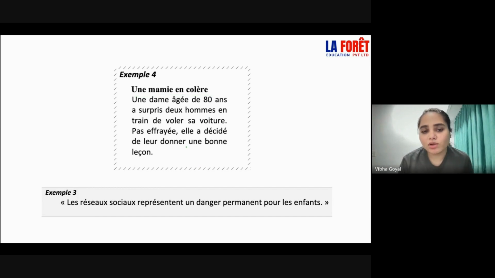So you have to continue writing and make sure that the end is really an end, so that it feels like the article has concluded. And for part 2, we have this: les réseaux sociaux représentent un danger permanent pour les enfants. So it could be agreeing with this statement or disagreeing with this statement, or pro and against for réseaux sociaux.